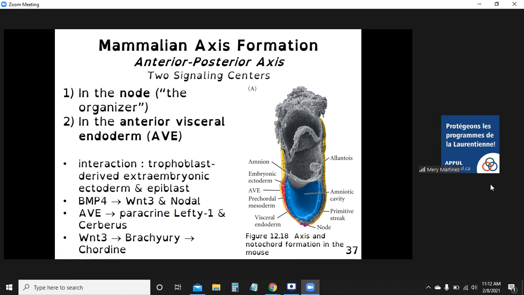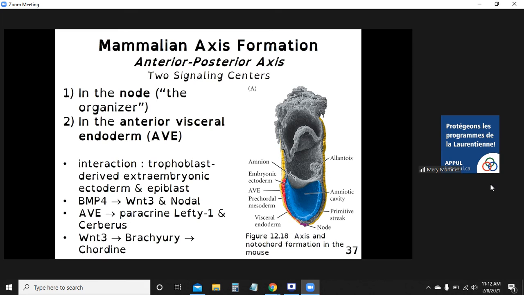So the node is responsible for the creation of all the body, responsible for the neural induction, and for the pattern of most of the anterior-posterior axis. Very similar to what we saw in the chicks, right? So many tasks.